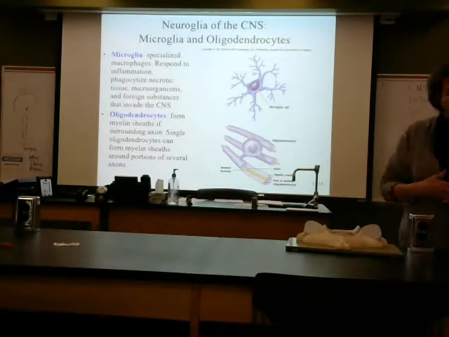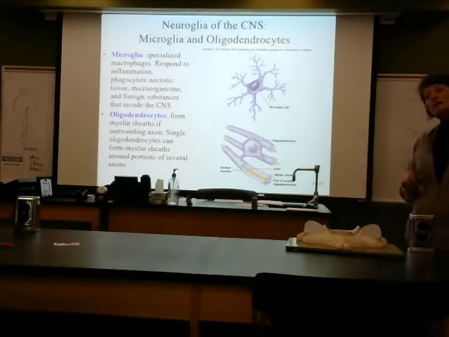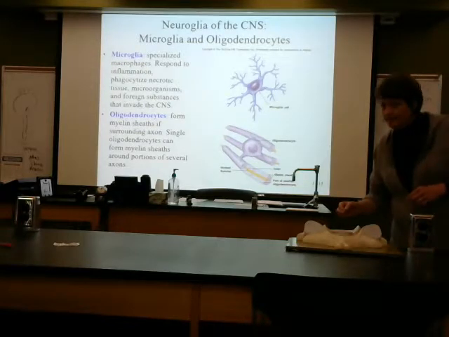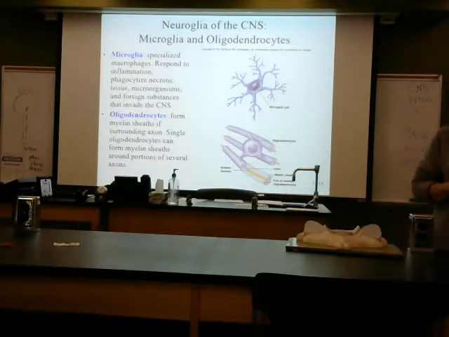What this is telling me, now for a long time, all right, what it said is that those axons are not myelinated. They don't have myelin. That is not the case. What is happening is, the myelin is different.